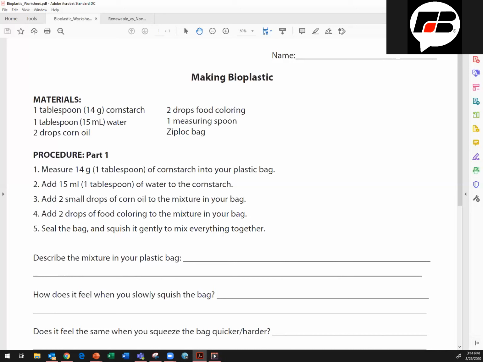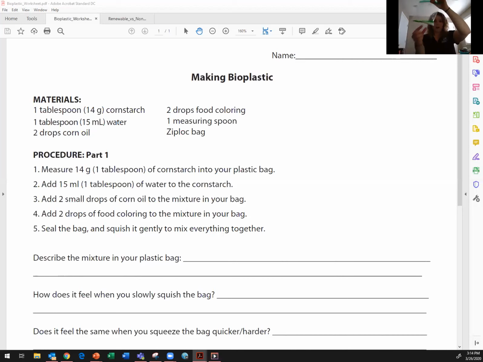Add 2 small drops of corn oil in the mixture of your bag. And add 2 drops of food coloring to the mixture in your bag. Make sure you seal the bag tightly and gently mix everything together, like you can see me doing in here.